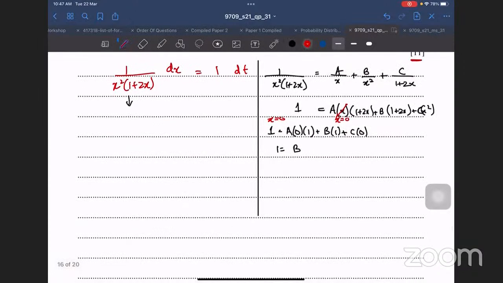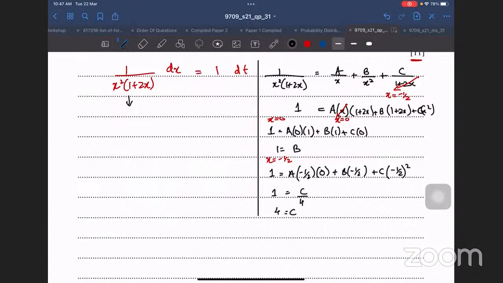Then I take x equals minus half, which makes the bracket 0. This becomes C times minus half squared, which is C over 4.